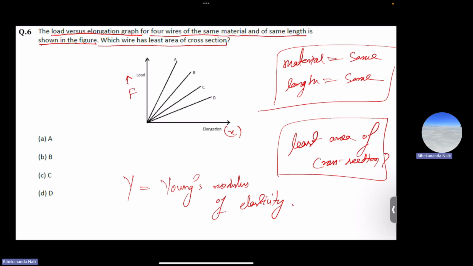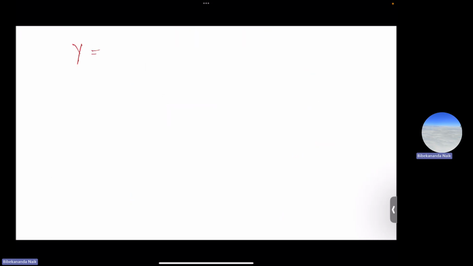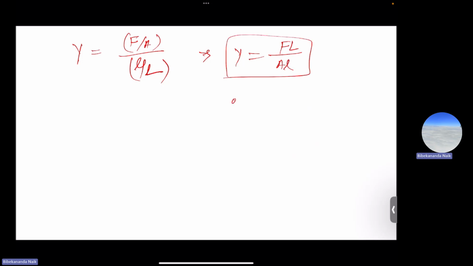We know Young's modulus of elasticity is given by stress by strain. Strain is small l by capital L, so Y is F capital L by A small l, or l is F capital L by AY.